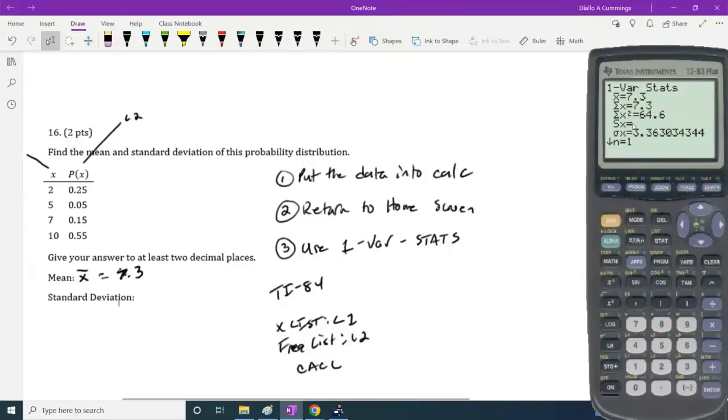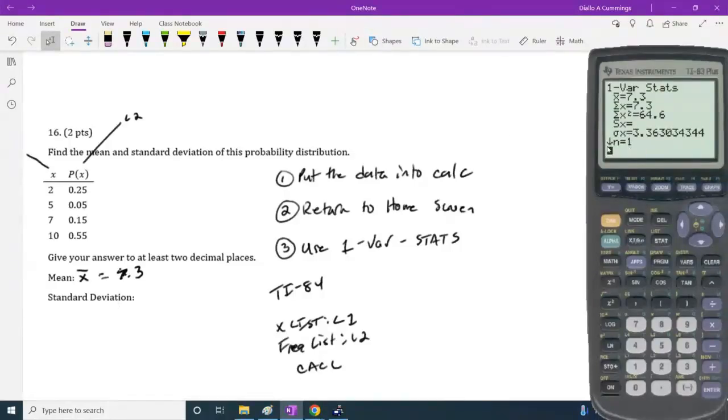Now remember we talked about this S sub X and sigma sub X. This S sub X is a sample standard deviation. The reason why you don't see anything is because the calculator understands that this is a probability distribution. And for a probability distribution, since it's 100% of the population, you're going to use this sigma sub X.